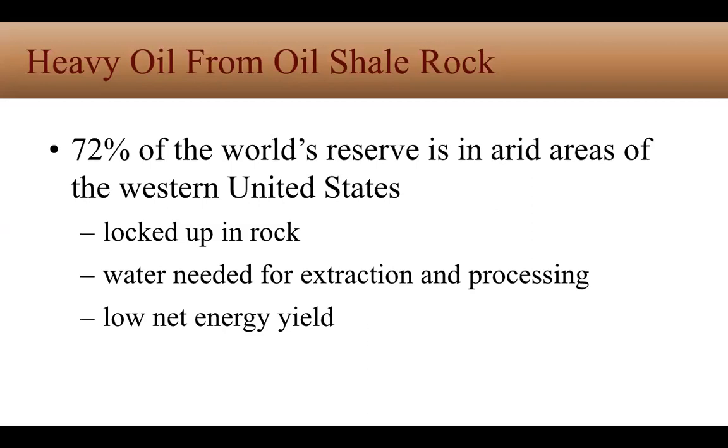If we transition to an electric vehicle fleet so that everybody drove electric cars, then we could use the coal to drive the cars and we wouldn't need this oil. And so our net energy would be better than its current situation as a result of that.